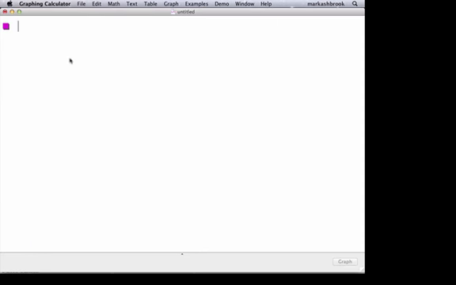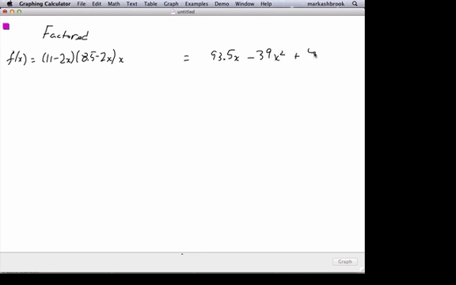So what was our factored form of the V function? 11 minus 2x times 8 minus 2x. And then our standard form? 4x cubed minus 38x squared plus 93x minus 3.